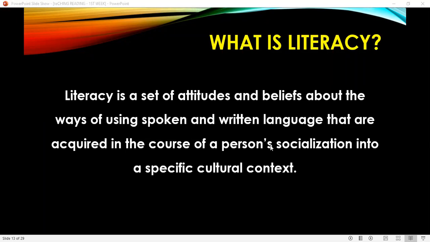So notice here the differences between these two aspects. So don't forget what is literacy: attitudes and beliefs about how to use spoken and written language that you acquire when you socialize, when you interact with people in a specific cultural context. So this is literacy, okay?